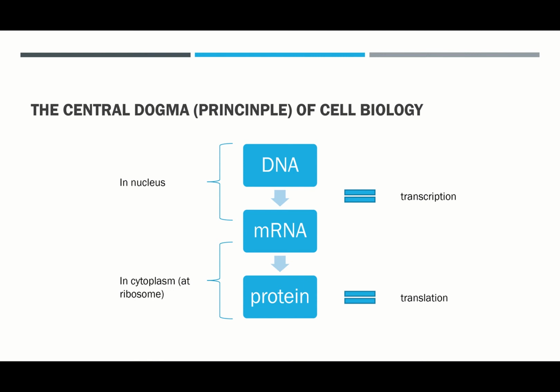And translation is when you take that mRNA strand and you translate it into protein. This happens in the cytoplasm at the ribosome because we already know that the ribosome makes protein. In this unit, we're going to discover more deeply how the ribosome does it.